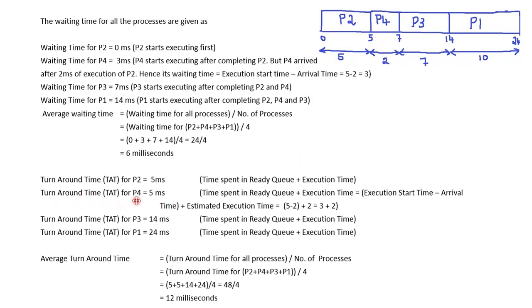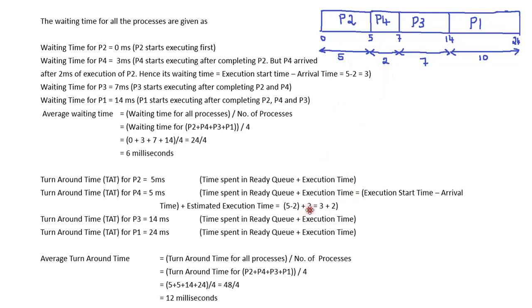Turnaround time for process P4 is 5 millisecond. The time spent in the ready queue for process P4 is 3 millisecond, right? That is execution start time minus arrival time, that is 5 minus 2, equal to 3, plus the execution time of process P4, which is 2.